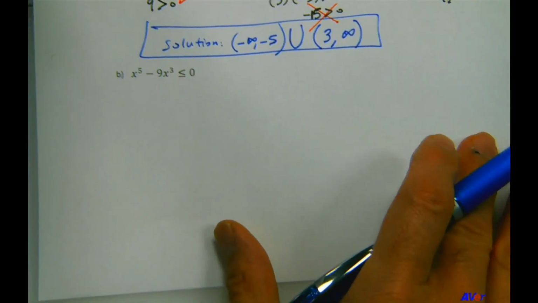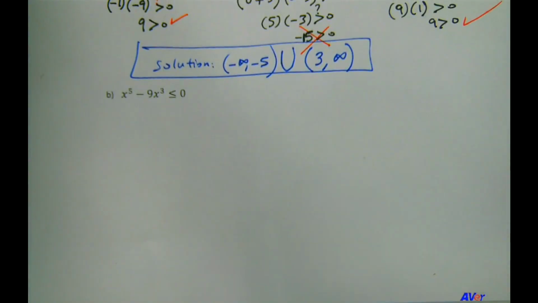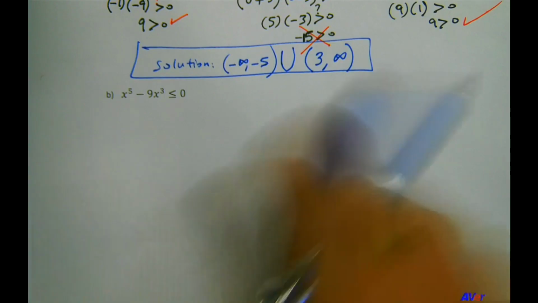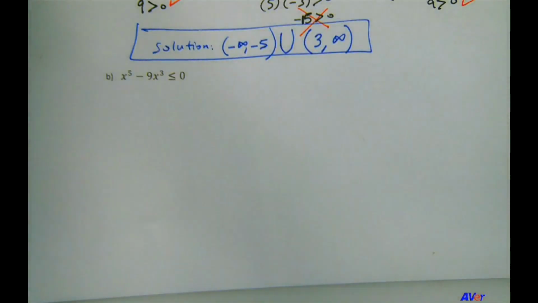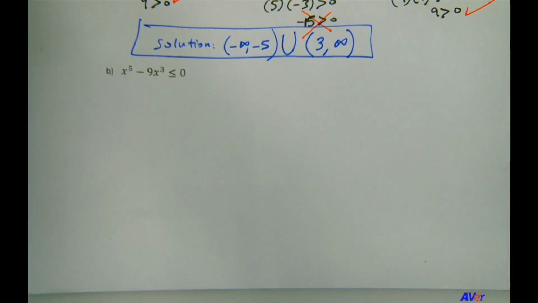You've seen one example now at least, and I'm sure if you read the book, you would have seen at least half a dozen examples there. So go ahead, pause the video, and solve this polynomial inequality on your own. And then come back to the video when you're done.